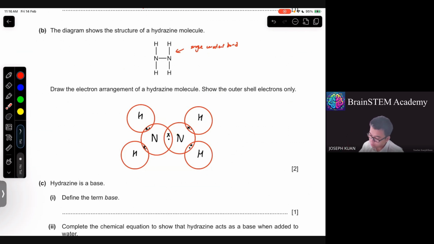Also, nitrogen uses 3 of its outer shell electrons for bonding, so there will be 2 non-bonding electrons for each nitrogen atom. Since it's a group 5 element, 5 take away 3, left over 2. All right, so that's it.